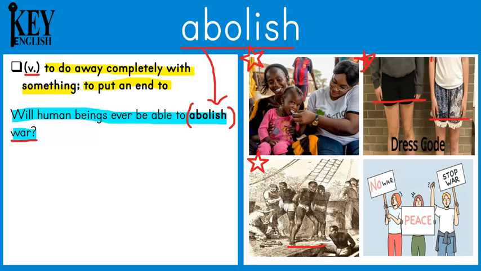So just because your hands are longer, that means you have to wear shorts that are longer. To some people, that felt like an unfair law or rule. So I can make a sentence like, "The school decided to abolish the old dress code." If you could abolish or end one thing in the world, what would you choose?